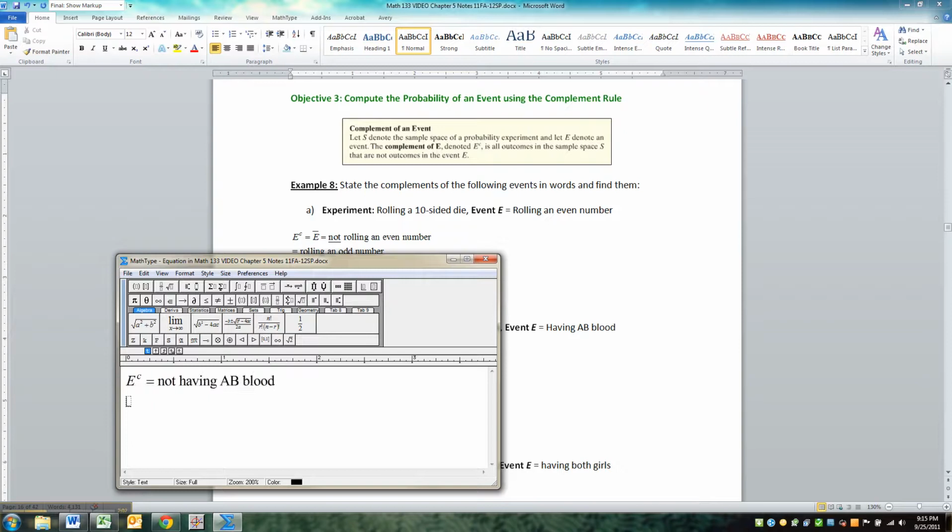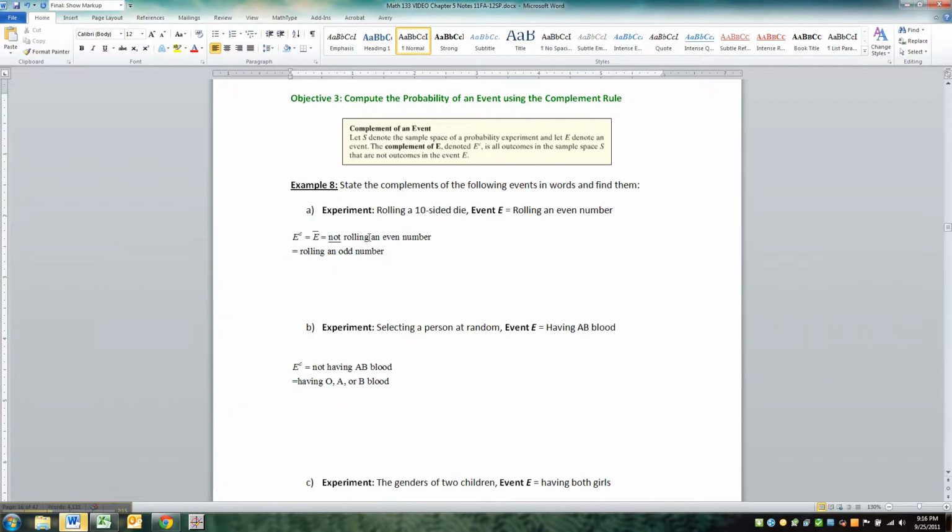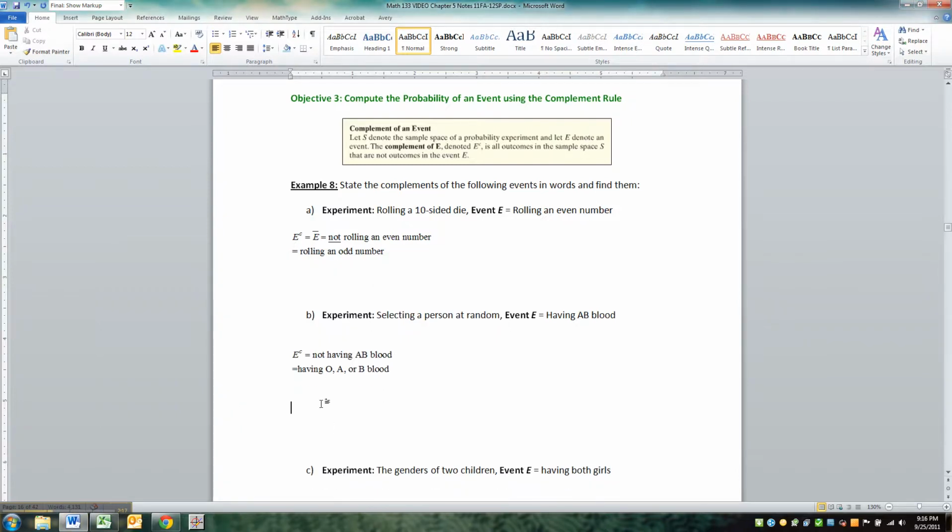But what would that mean you do have? That would be having any of the other types, O, A, or B blood. So you can say it in a negative tone of voice, they do not have AB blood, or you can say it in the positive, they have O blood, A blood, or B blood.